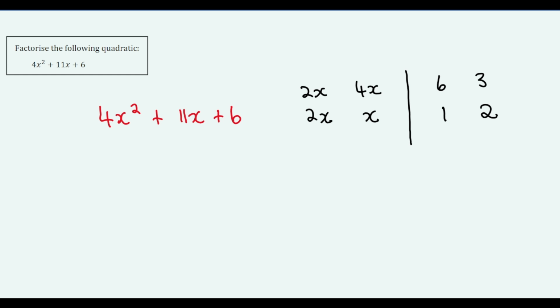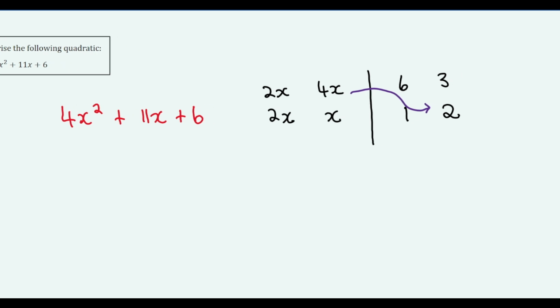Okay, let's try 4x times 2, that's 8x, and x times 3 is 3x. If I make both of these positive, I'll have positive 11x. And positive times positive is positive, which matches the sign of the last term.